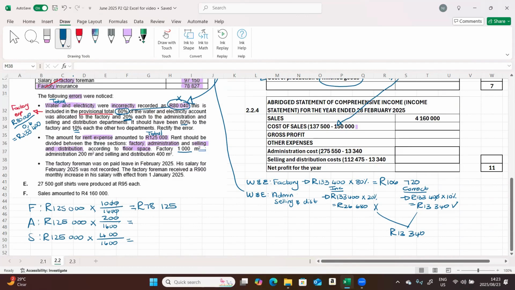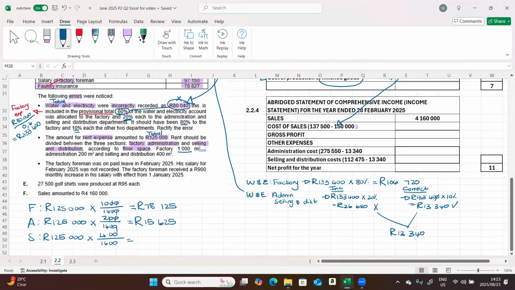And then your admin, the rent expense for your admin. Once again, the zeros are gone, so it's going to be 125,000 times an eighth. But times it with 1 over 16, or an eighth, it will be 15,625.